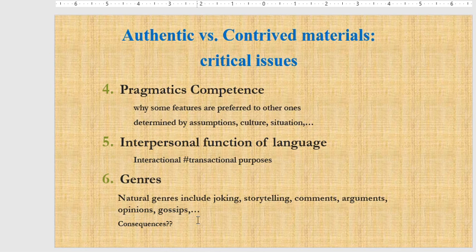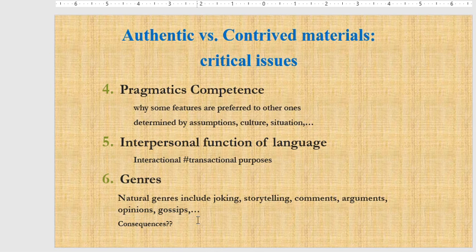But in contrived texts and materials, only one form of text is used for joking, one form of text is used for storytelling, or the same kind of text is used for all of these kinds of communication.